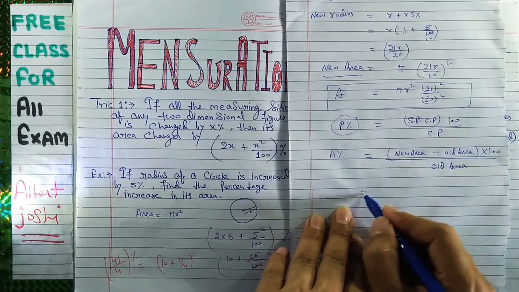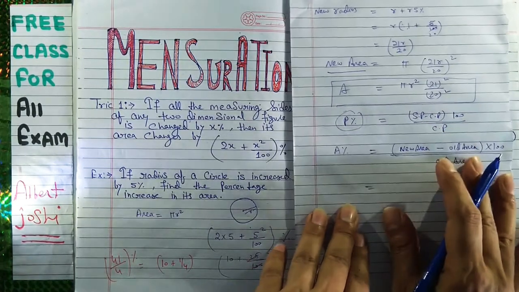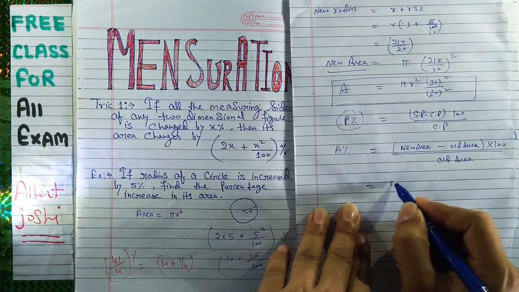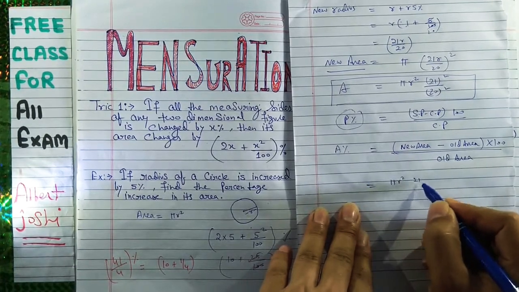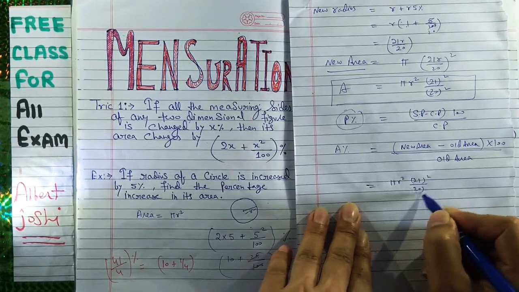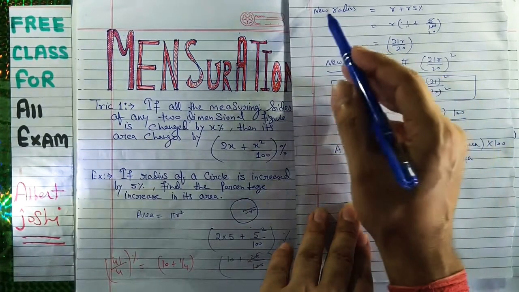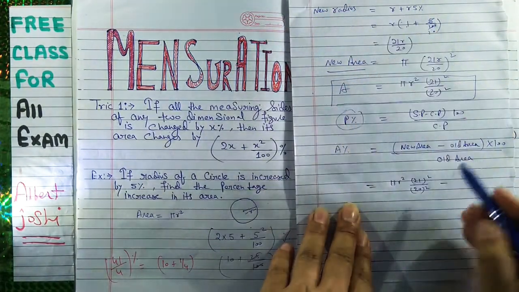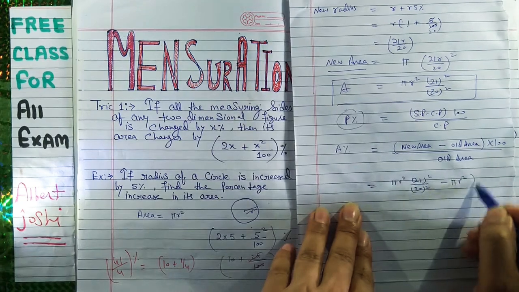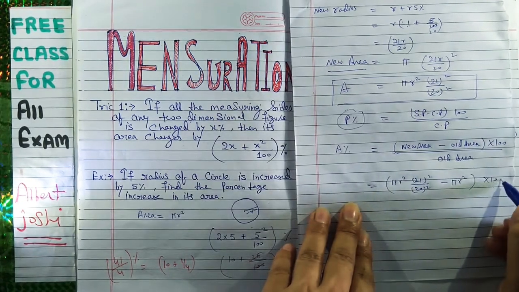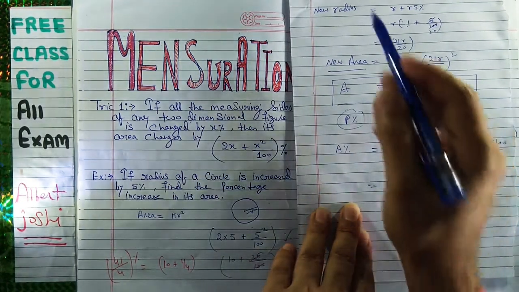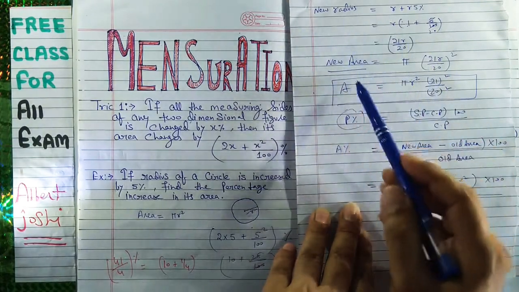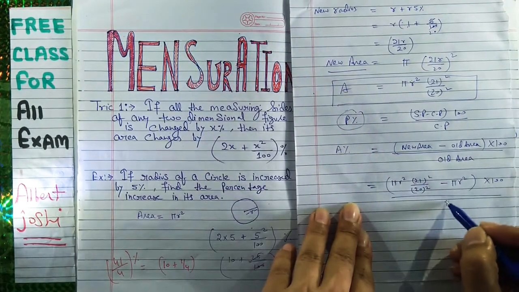Now the new area is pi r square into 21 square upon 20 square, minus the old area, pi r square, into 100 upon the old area, pi r square.